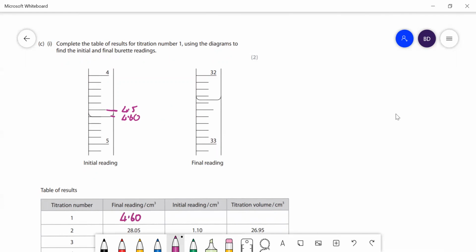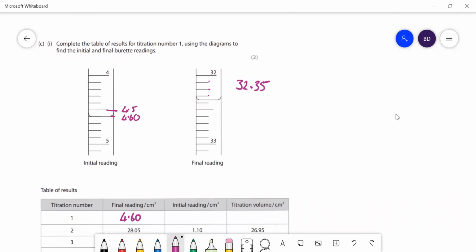Now this one here, the final reading is halfway between 32.3 and 32.4, and we can read to the nearest half unit, so we call that 32.35. We wouldn't ever call it 32.3 or 4, but half unit is fine.